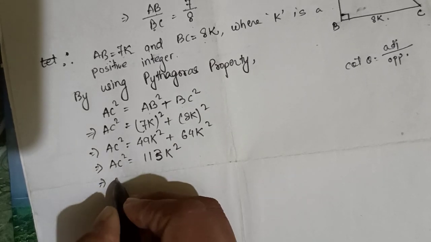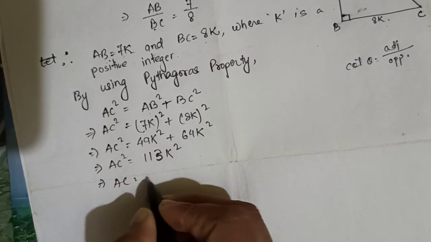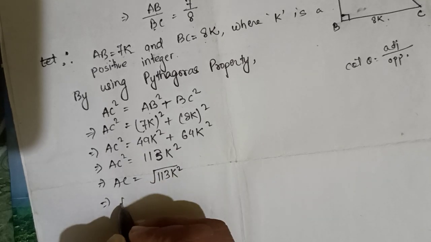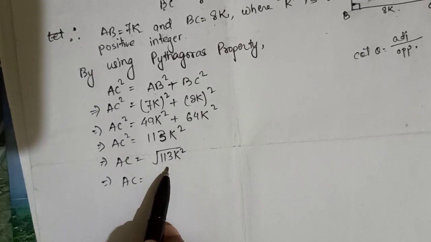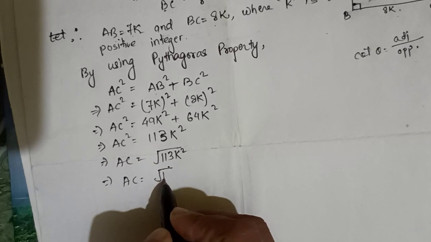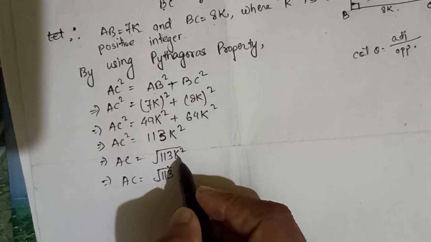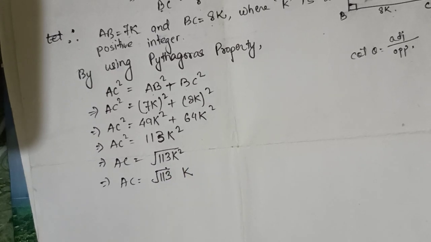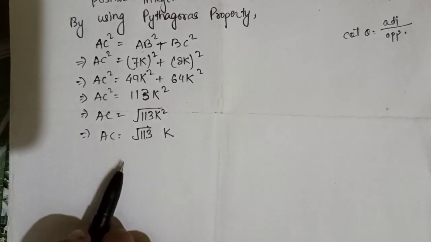So we bring the square of AC to the right hand side, it becomes root over 113 K square. So AC equals root 113 K. We cannot remove the root from 113, but with K square, the square and root get cancelled, so K will come out. So here we got the value of AC also.